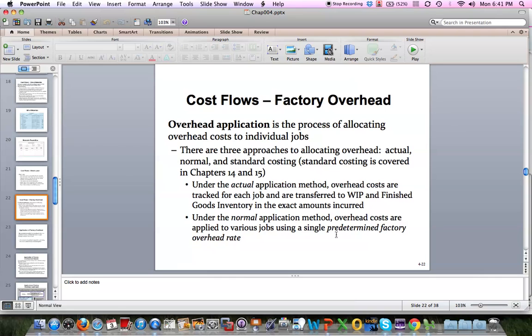Under normal, overhead costs are applied to various jobs using a single, the key word here is predetermined factory overhead rate.